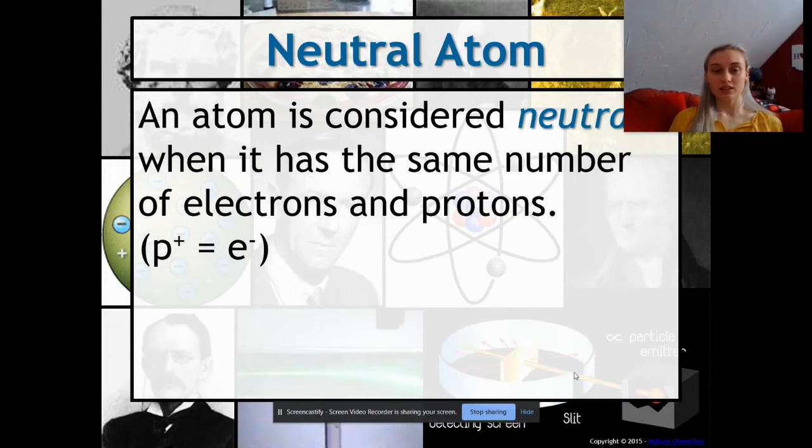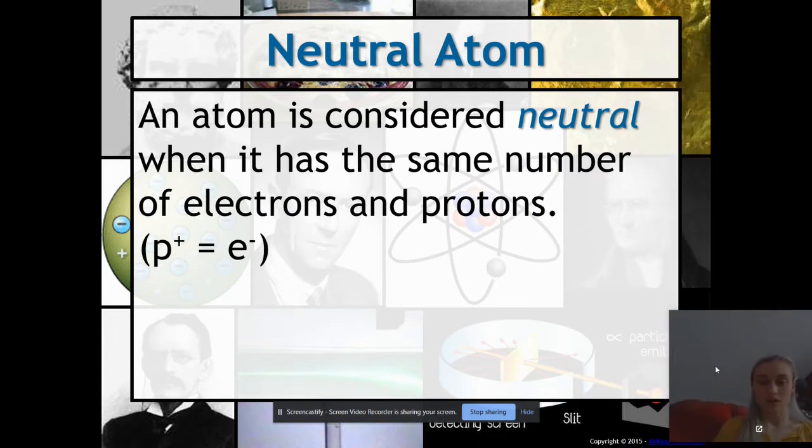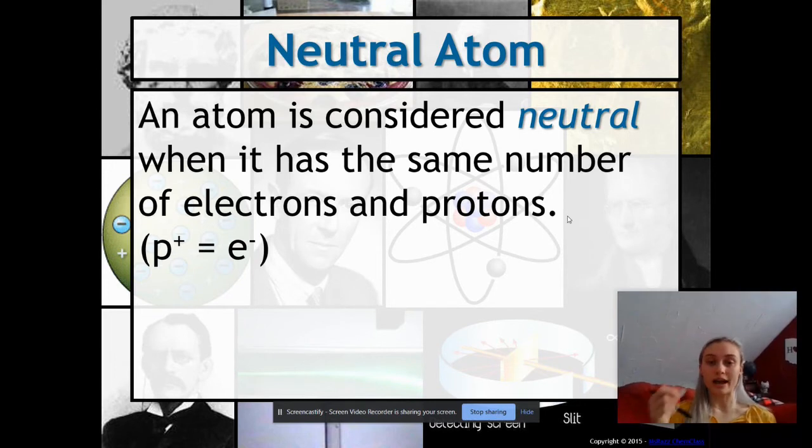Last thing, in a neutral atom, so this is very important. In a neutral atom, neutral is when you have a charge of 0. So your charge is 0.